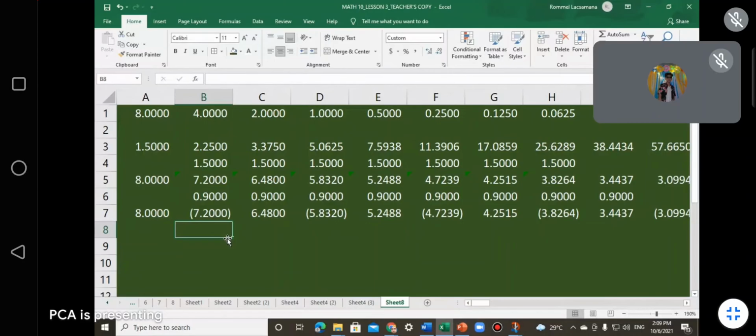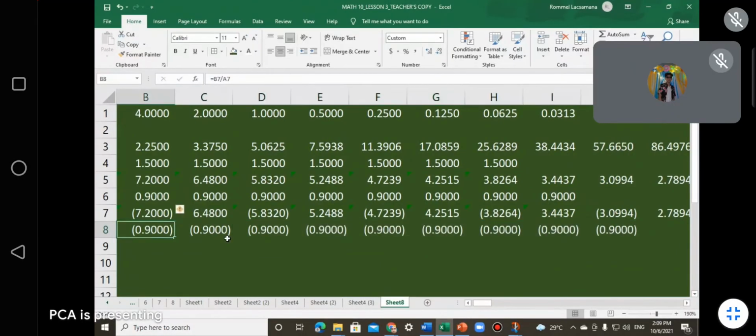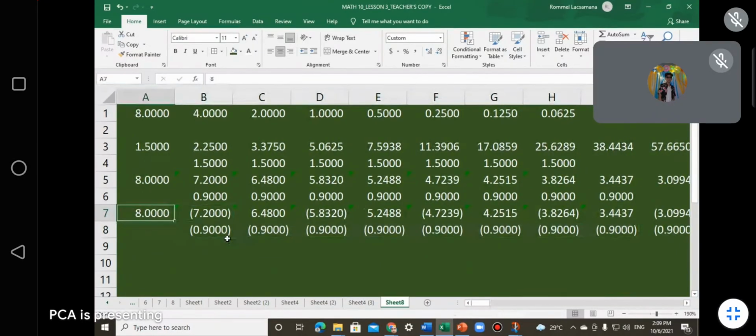But this one, let's look at it. The second term divided by the first term is 0.9, but it's negative. Likewise, it's the same.